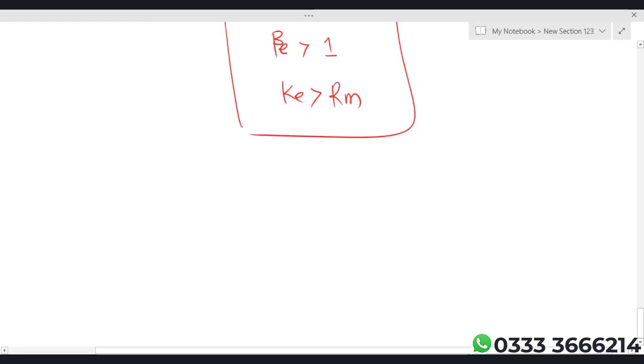Now, another way of calculating KE is the dividend valuation model, DVM, also called the dividend growth model. By using DVM, we can calculate KE.